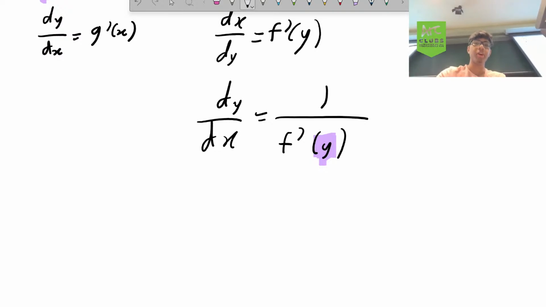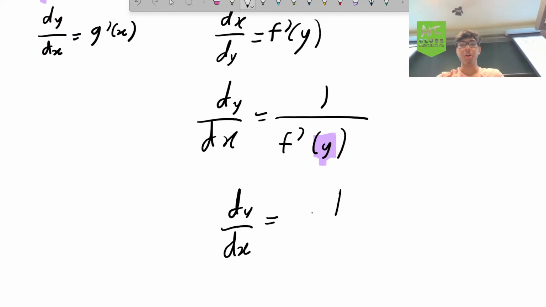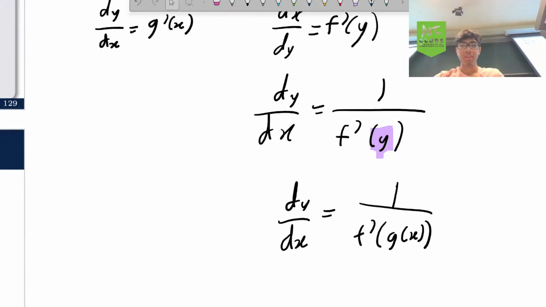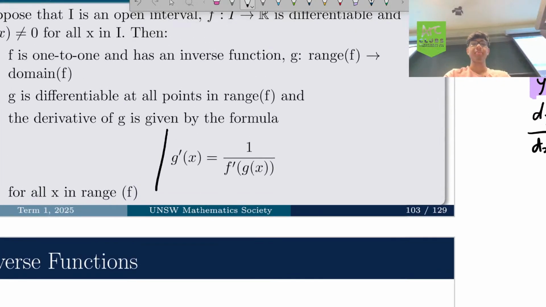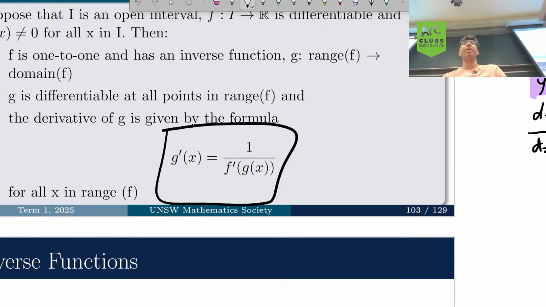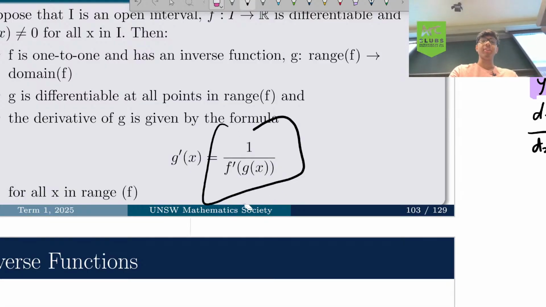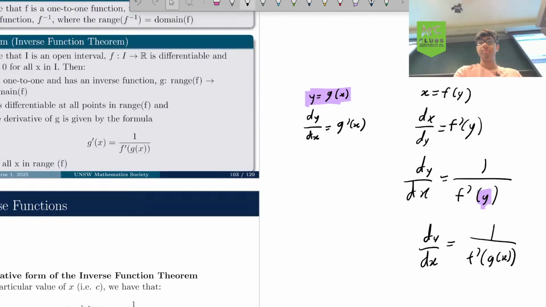So dy/dx is 1 on f'(g(x)). And that is exactly what they've written here. So the derivative of g is 1 over the derivative of f at my inverse.